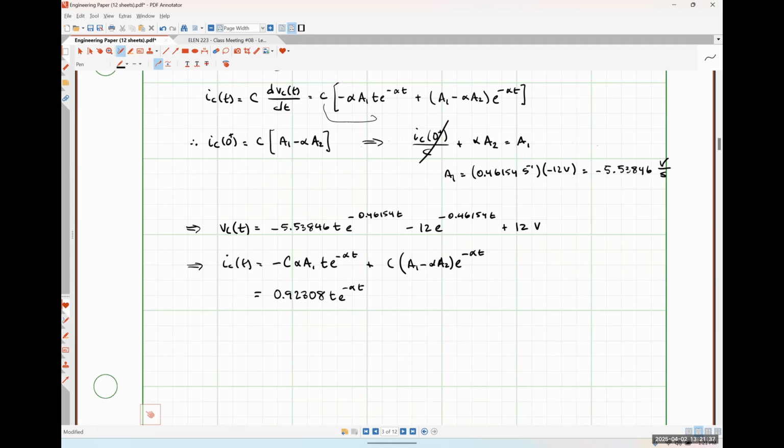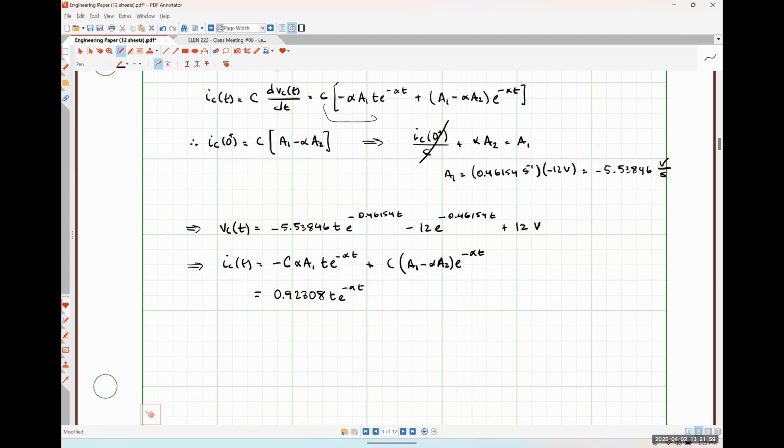Did anybody else put that in their calculator and get a similar number, or are you just hoping that I'm not screwing this up? That's a terrible idea. A1, yeah, so C times alpha squared times A2. Okay.